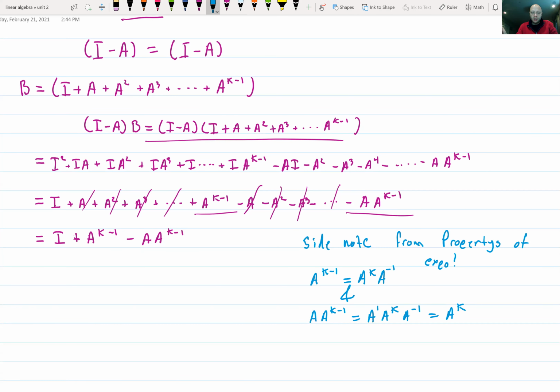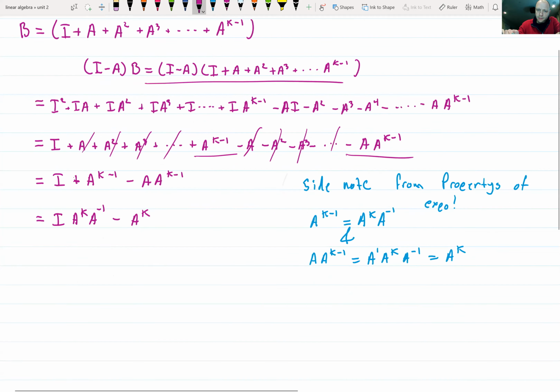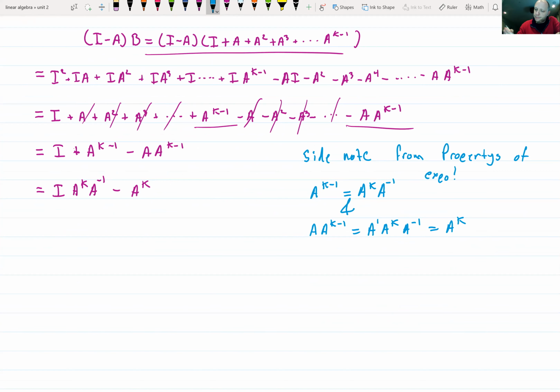Okay, which now we're going to switch back to colors, equals I plus A to the K minus A to the K. Okay, so from, scroll up a little bit.